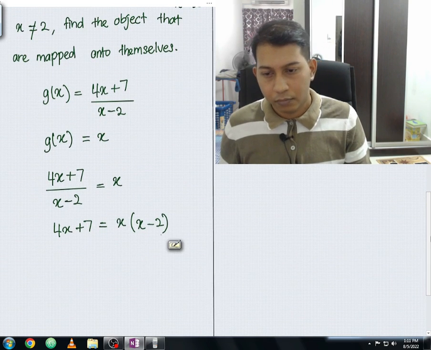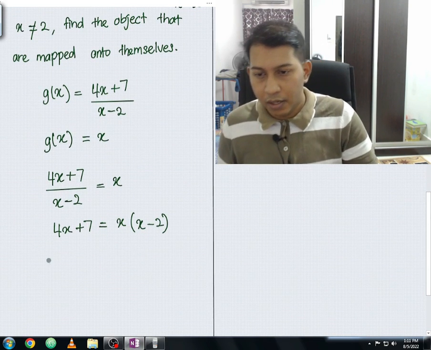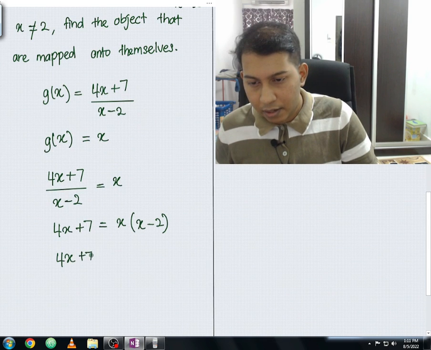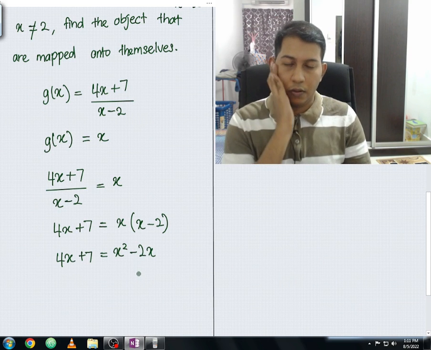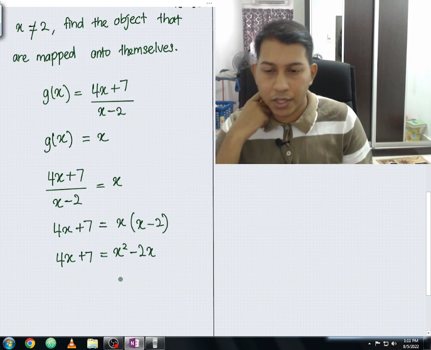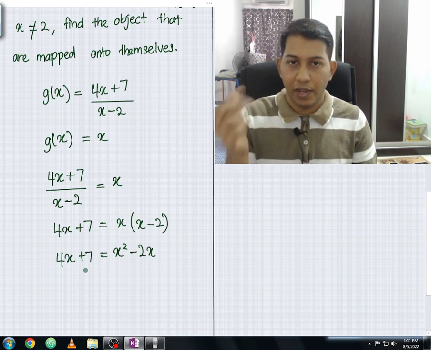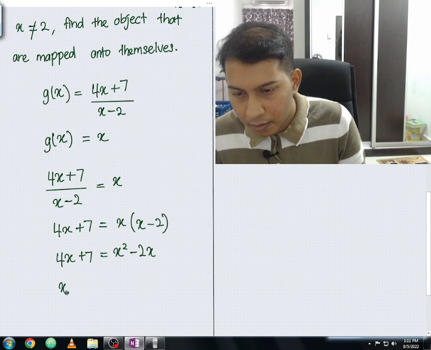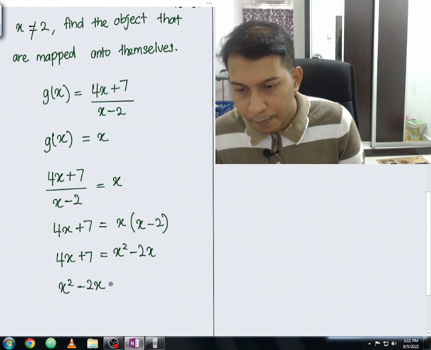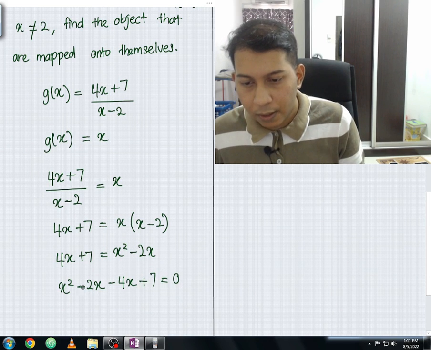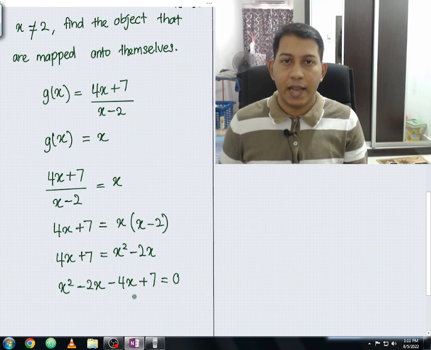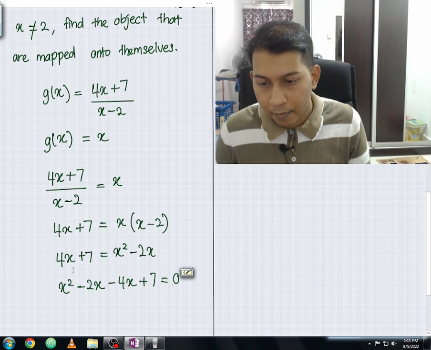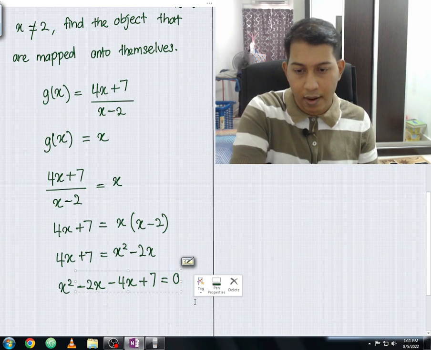Then you expand, so you get 4x plus 7 is equal to x squared minus 2x. So we're getting a quadratic equation. The 4x plus 7, from the left hand side you move it to the right hand side. So you get x squared minus 2x minus 4x plus 7 is equal to 0. Negative 2x minus 4x you get is negative 6x. So let me adjust this quadratic equation.